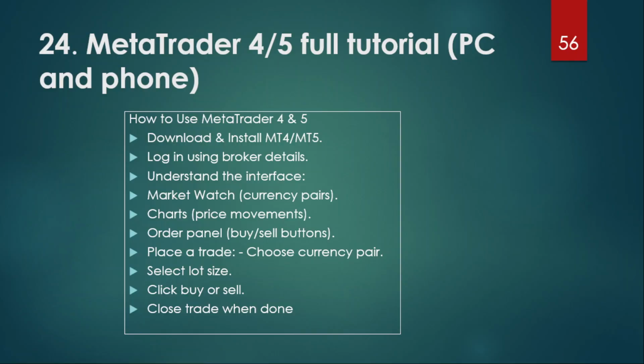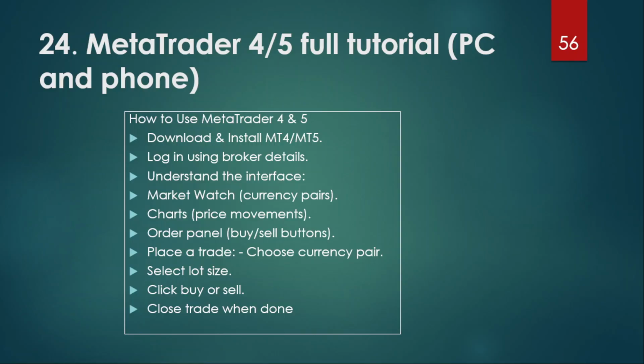Suppose you are in the currency pairs and you select EUR/USD. In order to see EUR/USD, you will have to open the chart to observe its price movement. And then to take an entry, you will have to open what we call another panel or window.